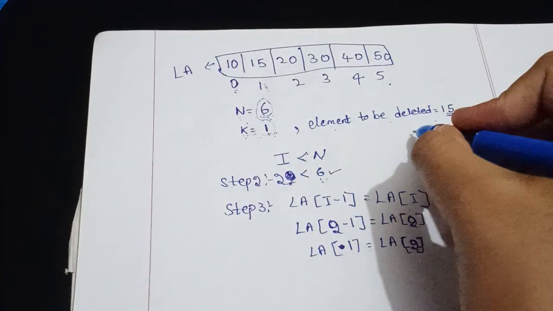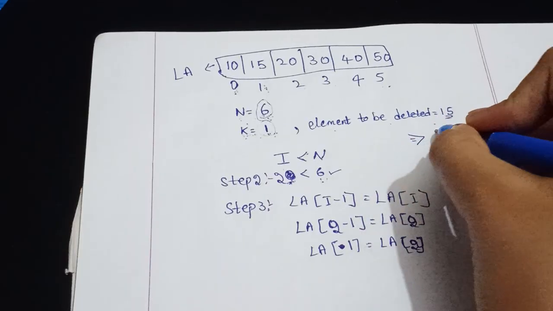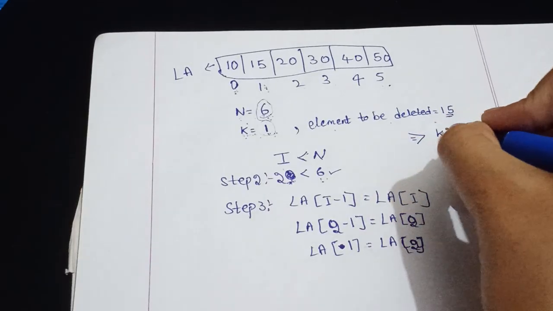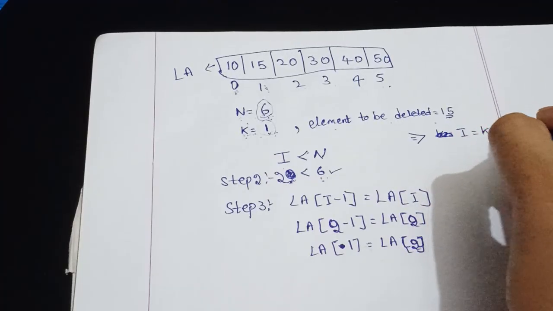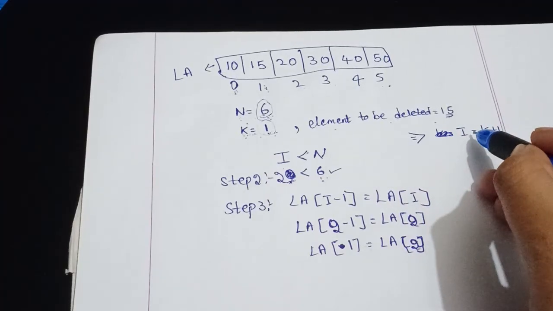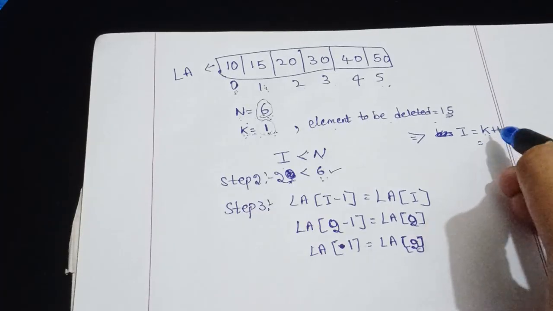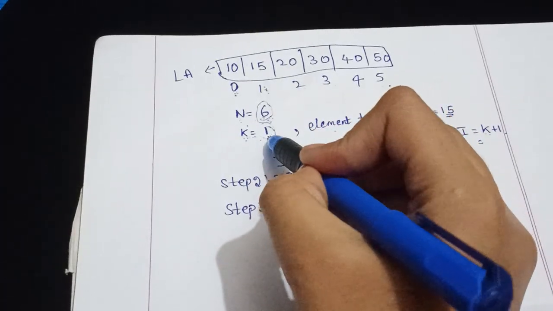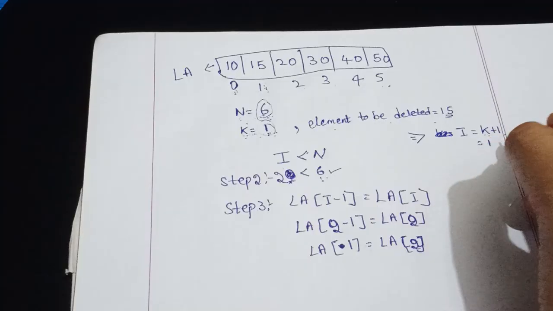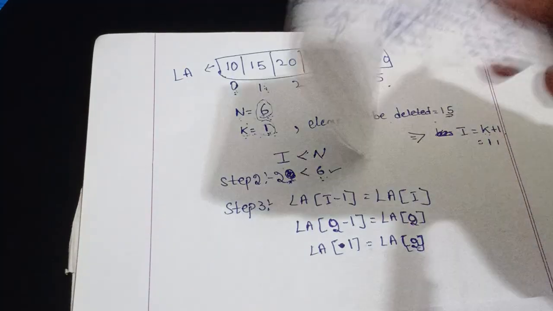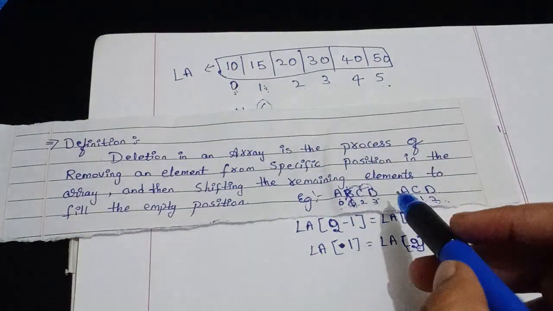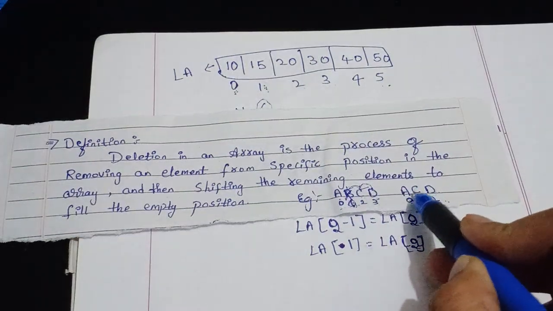Now what we are saying is, see, I is equal to K plus 1. Why are we doing K plus 1 for I? K is the position which you want to delete, plus we are shifting, right? As I discussed before in the example, here we are shifting.